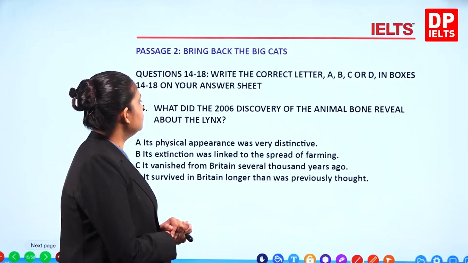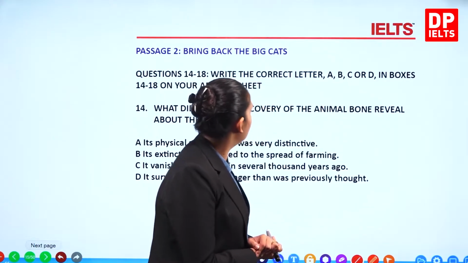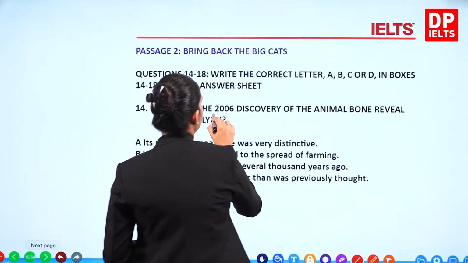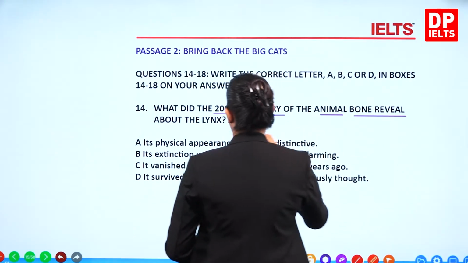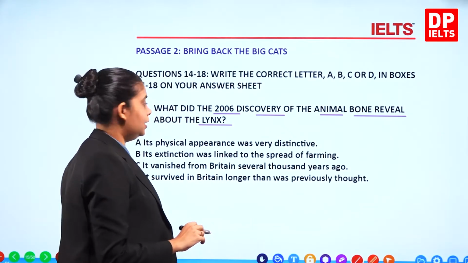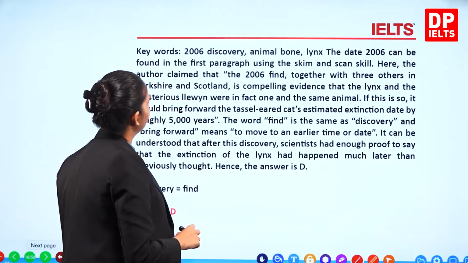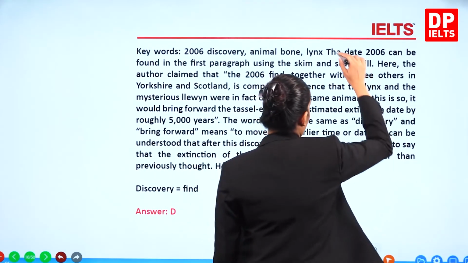What did the 2006 discovery of the animal bone reveal about Linux? Right? So 2006 discovery, animal bone reveal about Linux. So this is A, B, C and D. So I go back to my question. So let's start from here.